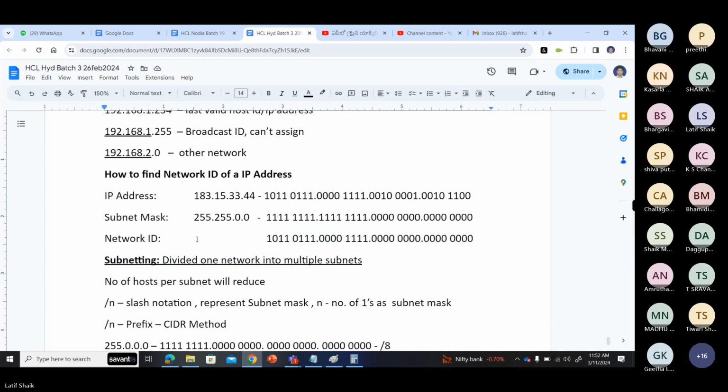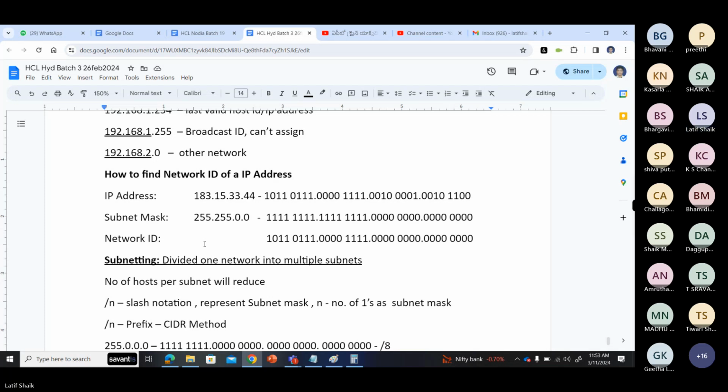If you write it in decimal format, you have to convert this into decimal again. Zeros are okay, but what is this number? 128 plus 32 is 160, plus 16 is 176, plus 7. How much is it? 184?